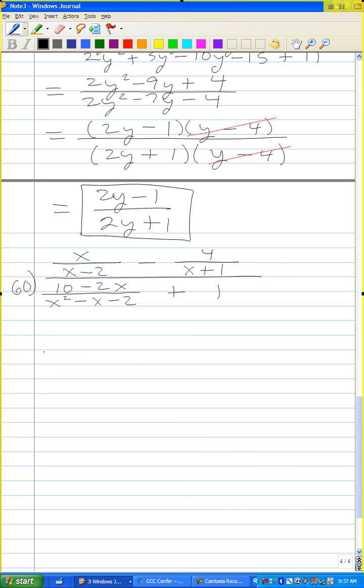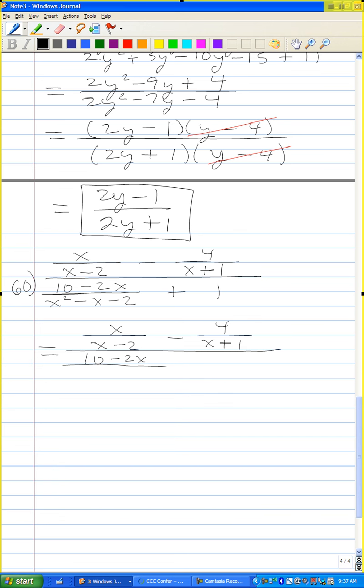And so this is equal to x over x minus 2 minus 4 over x plus 1 divided by 10 minus 2x. Let me factor x squared minus x minus 2.